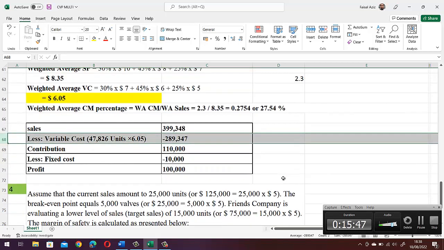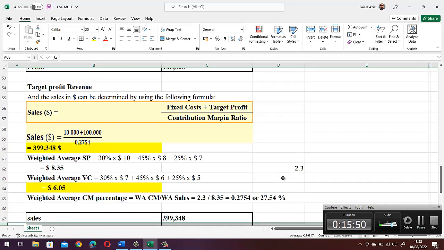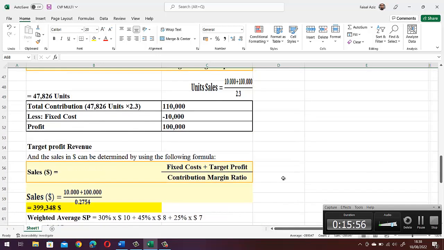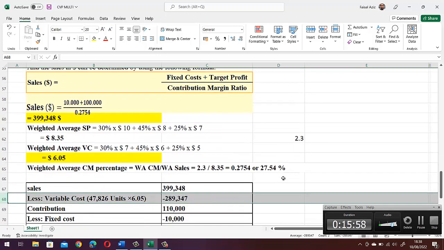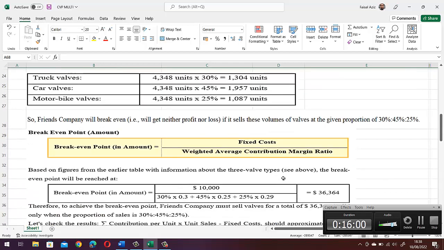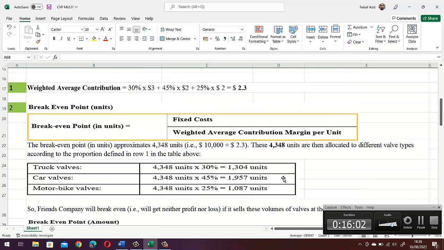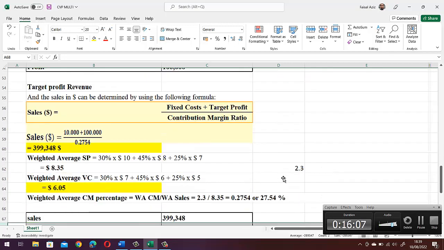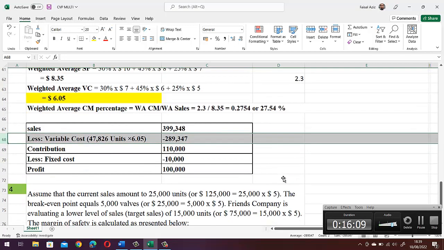So far we have learned the break-even units, the break-even sales revenue, and also target profit units and target profit revenue. And the first requirement we had already calculated, weighted average contribution. Now we'll proceed to requirement number 4.